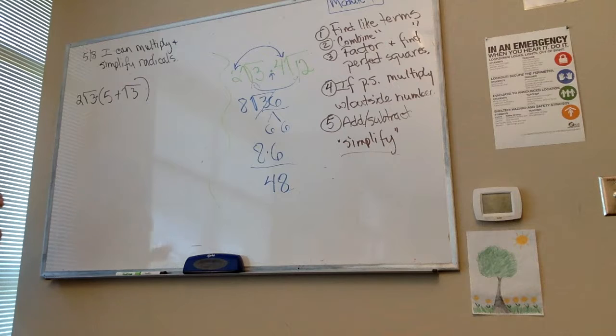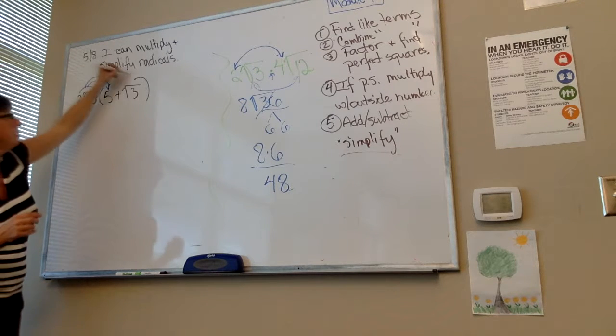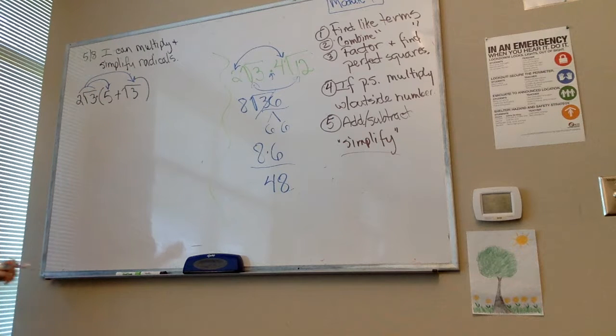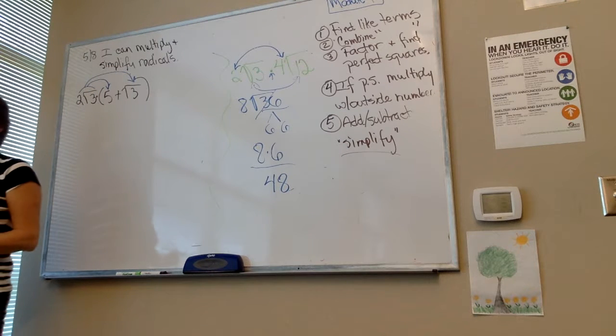Right here. Okay, so we're going to multiply all of this by the first term in the parentheses. Then we're going to take that again and multiply it by the second term that's in the parentheses.